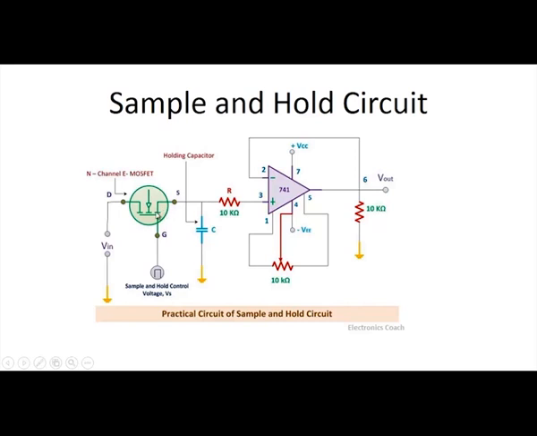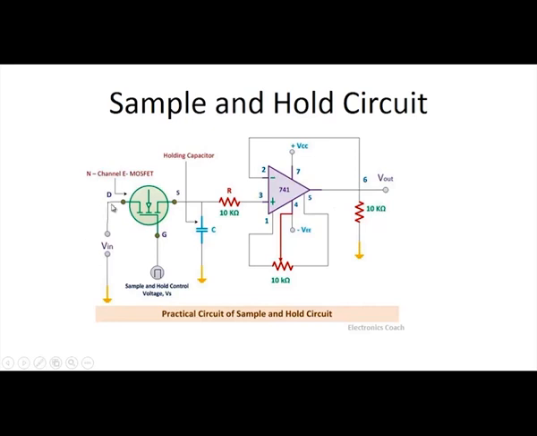If the switch is off, the capacitor holds the sample it was charged to previously, and it won't be discharged through the operational amplifier. Since this op-amp is working as a voltage follower, it has a high input impedance, and the voltage follower gives you the voltage across the capacitor at its output, since it follows the input voltage.